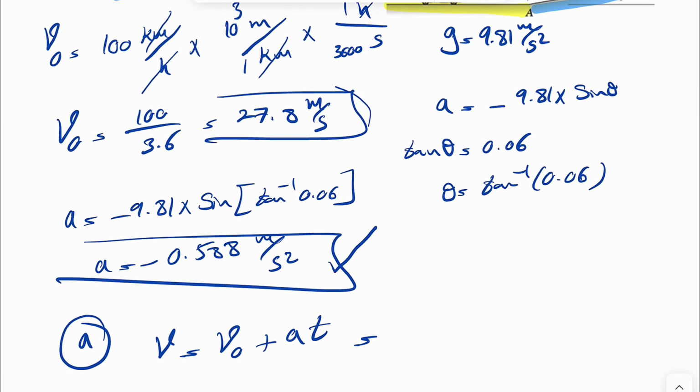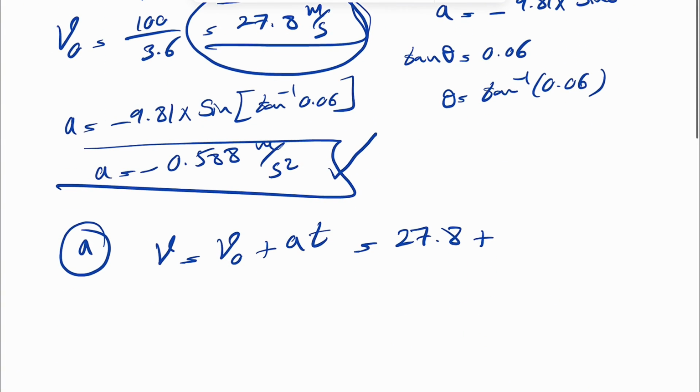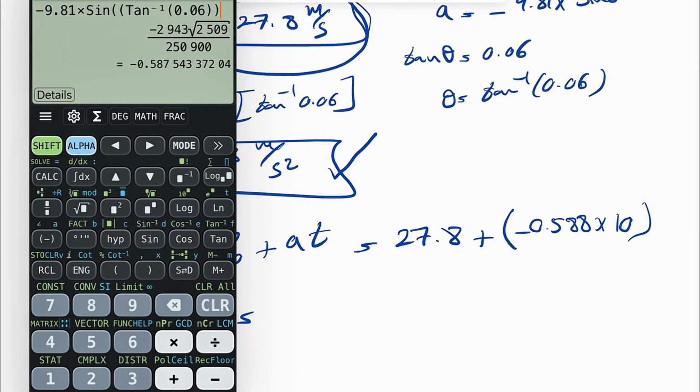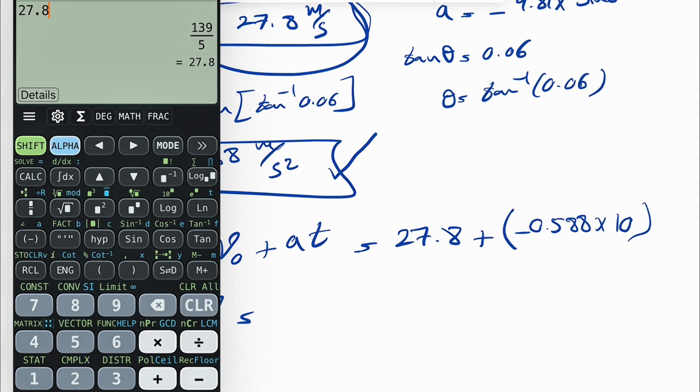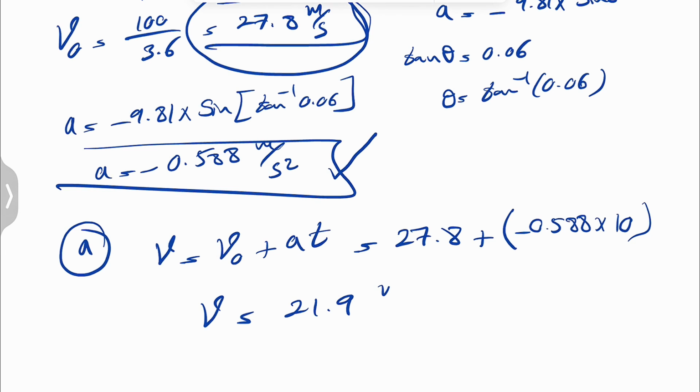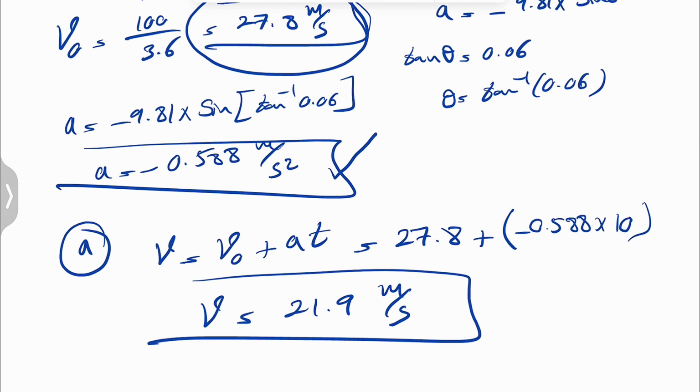Initial velocity was what we found here, 27.8, plus our a, which was negative 0.588, times 10 seconds. That's going to give us the velocity after 10 seconds. So 27.8 minus 0.588 times 10 is 21.9 meters per second. That's the answer for part A.